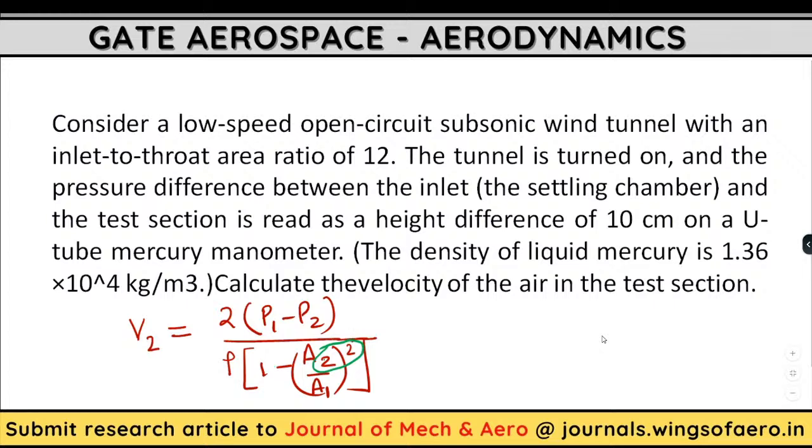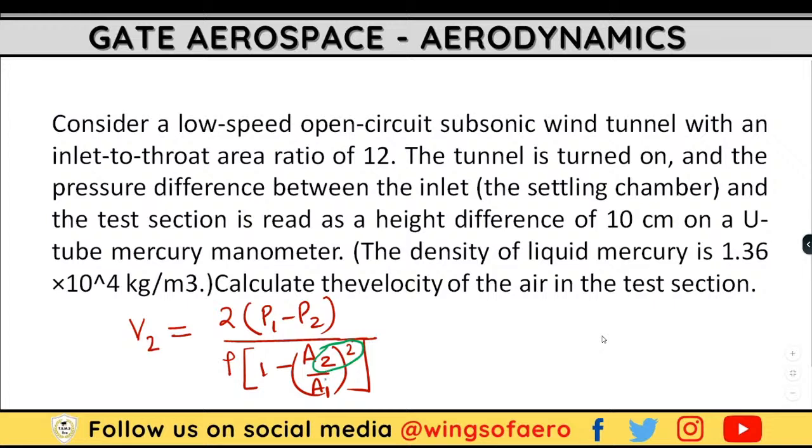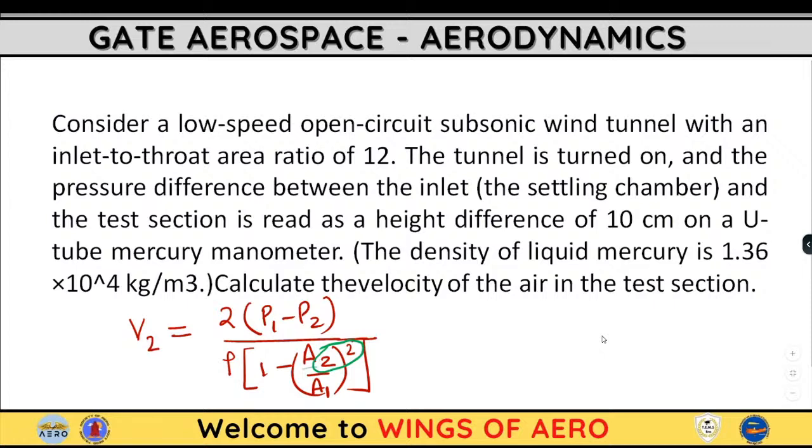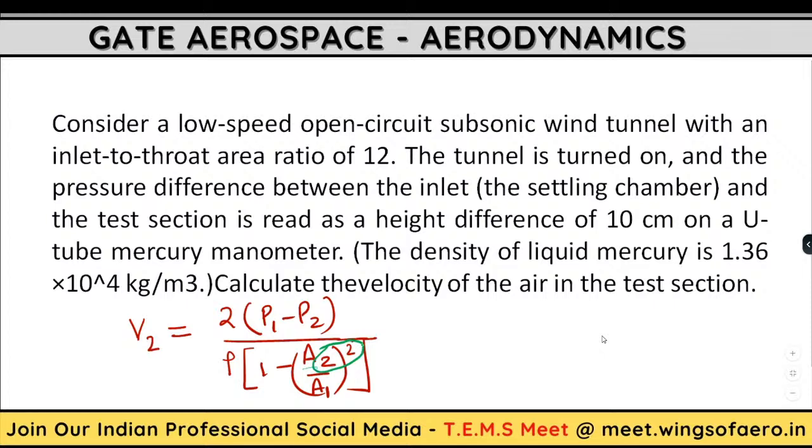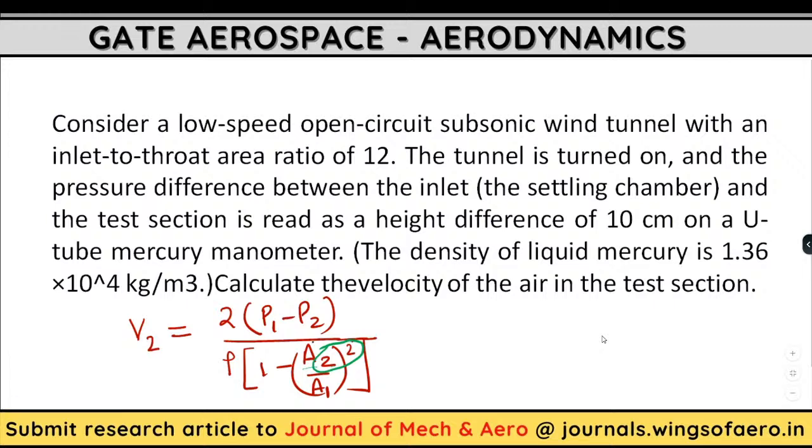So that's how you can avoid the confusion. Of course, you'll be practicing, but if you remember it in this way, it will be easy for you. Of course, it is not a whole square. It is A2 by A1 whole power 2. So both the 2s will be in the top. I hope if you remember it this way, it will be much easier to remember.